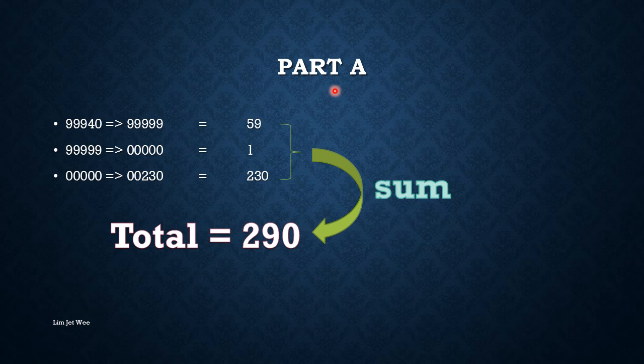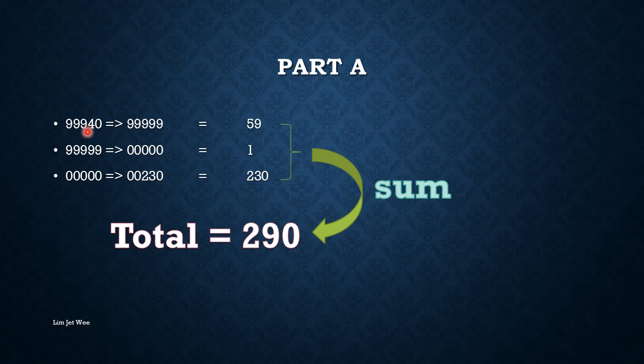Part A says use reasoning, which is common sense. So what does it actually mean? The odometer starts at 99940, and it goes to 0, then it goes to 00230. These are all obtained from the question. So how many kilometers did this travelling take?